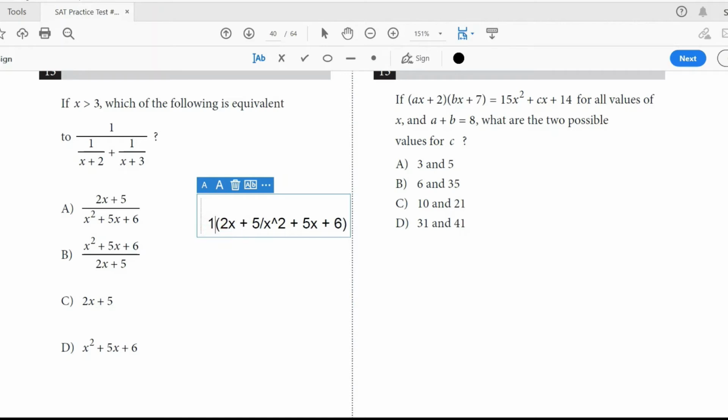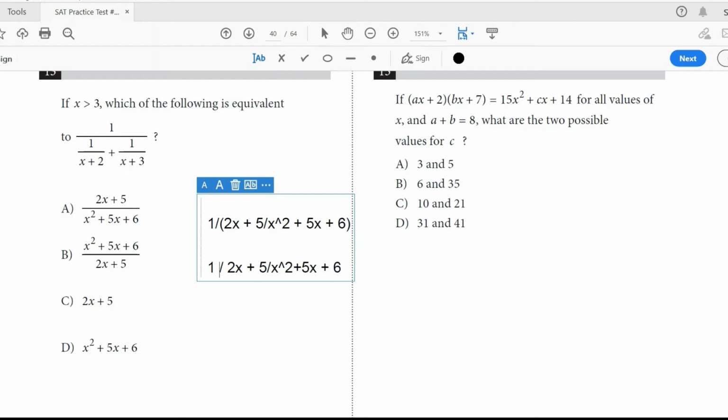Our whole thing would thus look like 1 divided by 2x plus 5 over x squared plus 5x plus 6. All right? With this, we just make it quite simple to read.